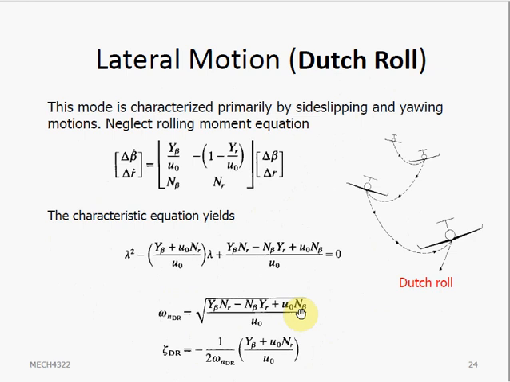Also, a good Dutch roll is achieved if the aircraft has low lateral stability, or a low value of Cl beta, because as the value of Cl beta gets larger, there will be more roll coupling present during the Dutch roll, so the motion is worse. So for a good Dutch roll, we would want the aircraft to have high directional stability but low lateral stability.